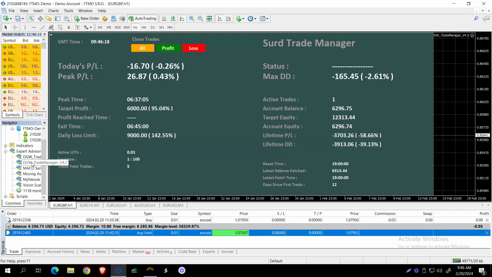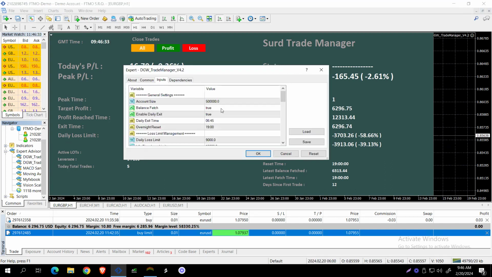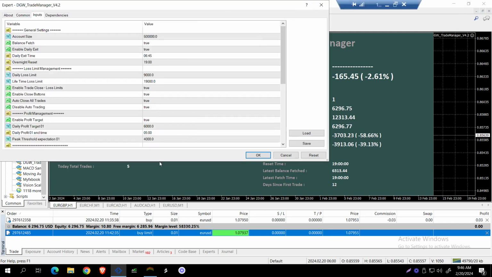This is the latest one, version 4.2. To launch it for the first time, you have to double click it here in this pane. But once you've launched it, to modify the settings, you just need to click on this smiley face. Let me go ahead and maximize it so that we can see it all.